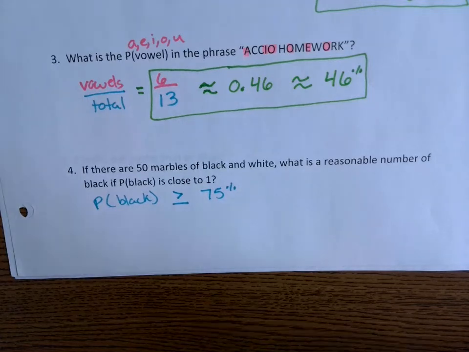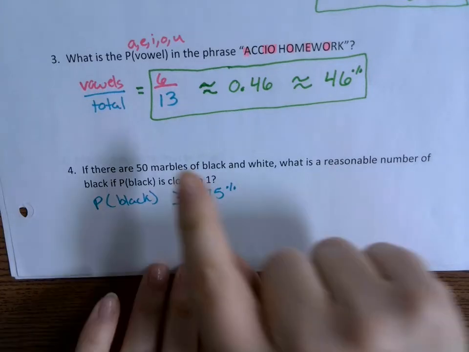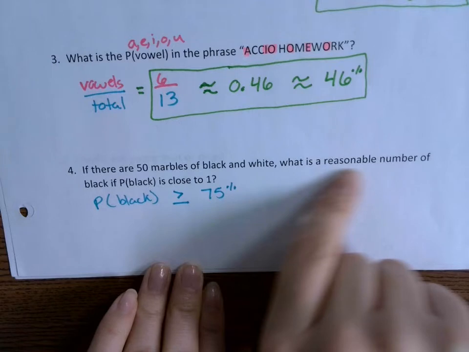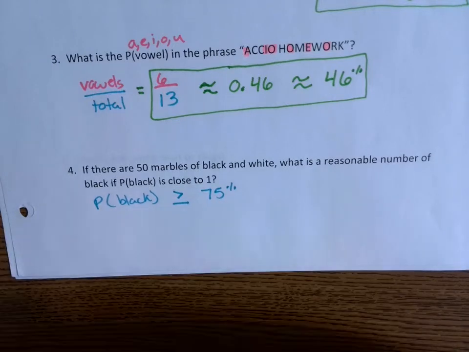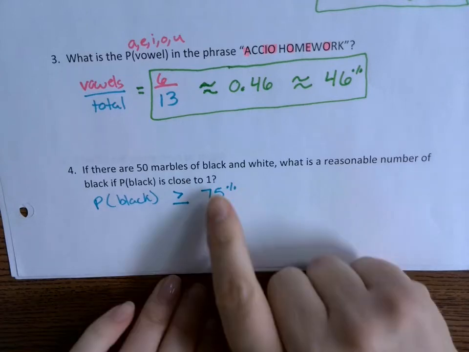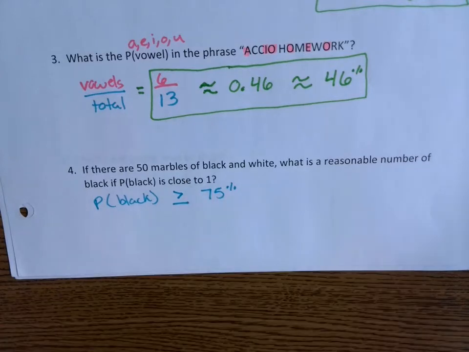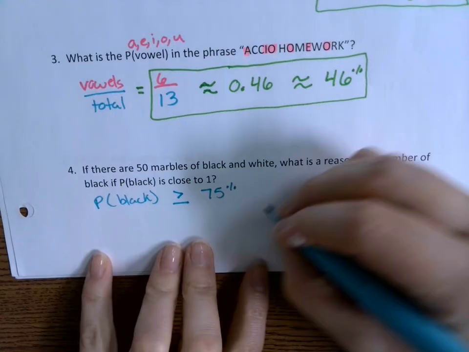So for here, if we're talking about a reasonable number that could be close to 1, we're looking for values out of 50 that are going to come out to about 75% or higher. So that's looking at anything from 38 to 49.